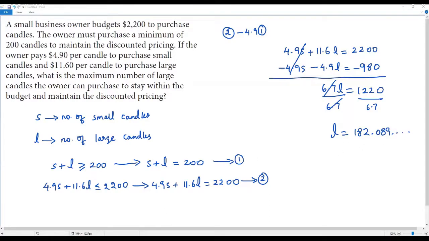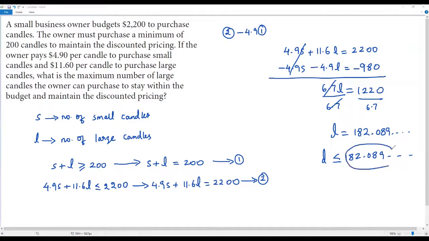So the value I got for L is the maximum value of L. That means L can be equal to this value, or less than this value, 182.089. But L refers to the number of large candles, so L cannot be a decimal. It has to be a whole number.